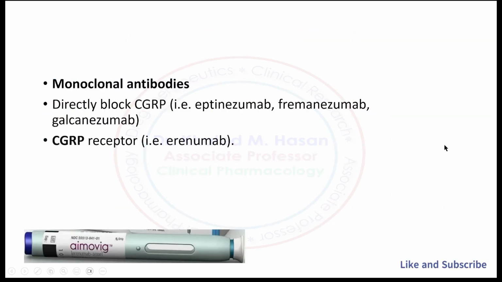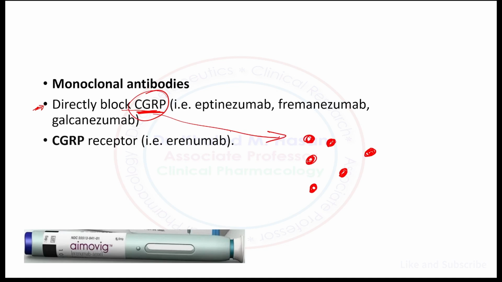Monoclonal antibodies, again, we have two types. We have some medications that directly bind to the CGRP, the mediator calcitonin gene-related peptide. This is the peptide. We have antibodies, and I will draw the antibody another way. This is the antibody.